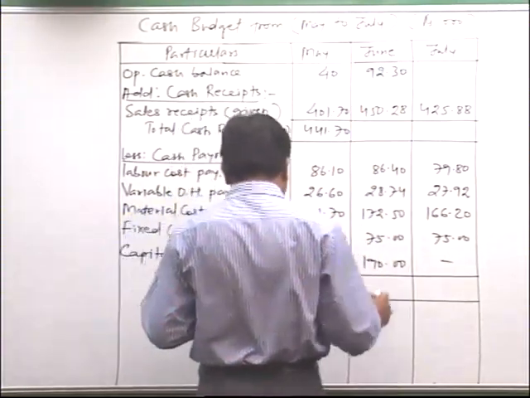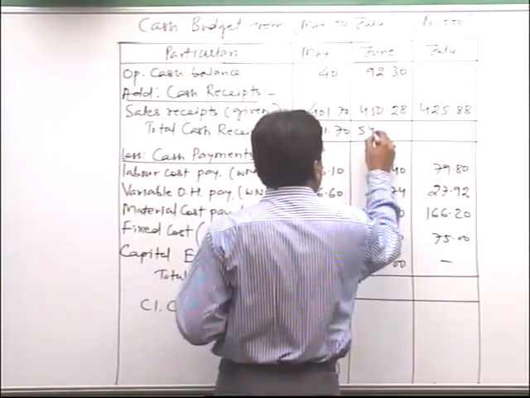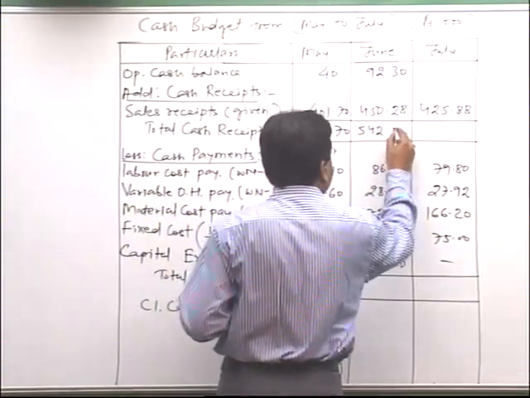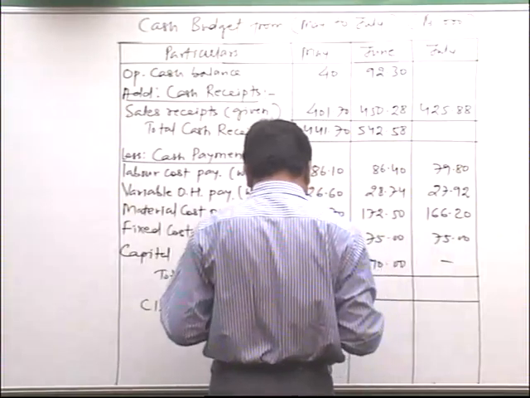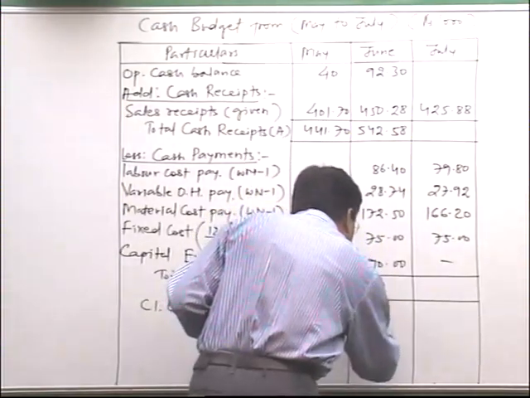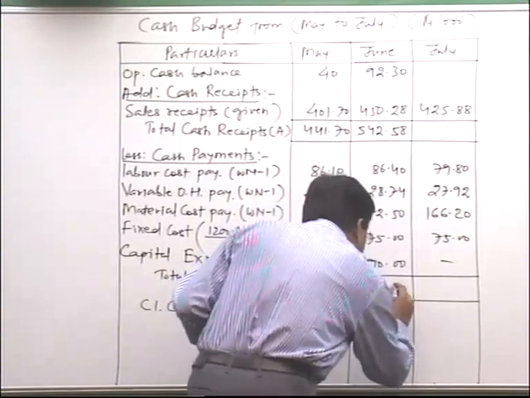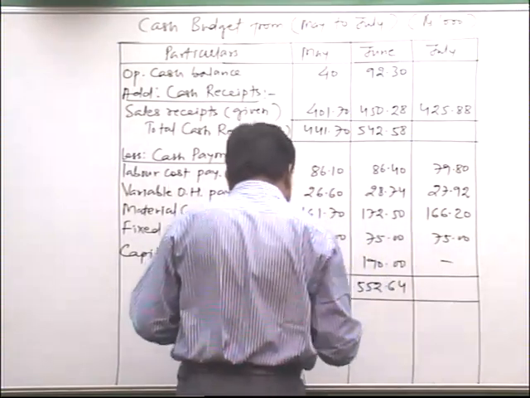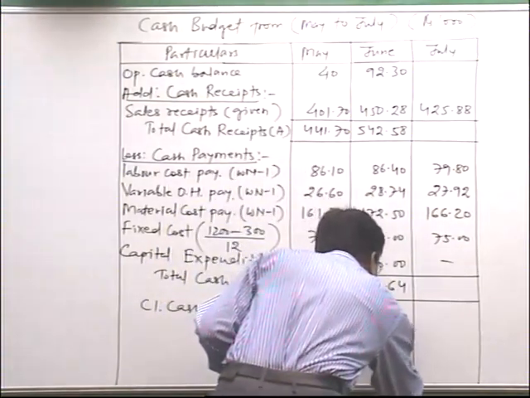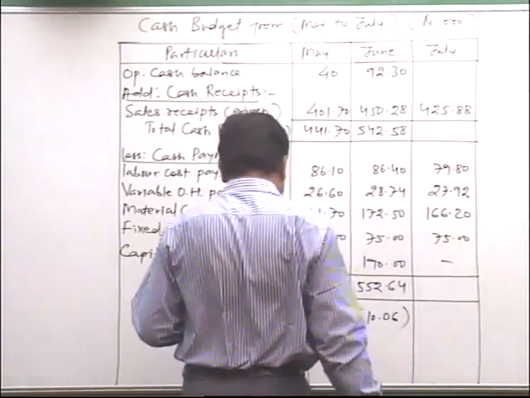Total receipt of June will be 542.58. Total payment will be 552.64. So there will be an overdraft of 10.06 in the month of June.